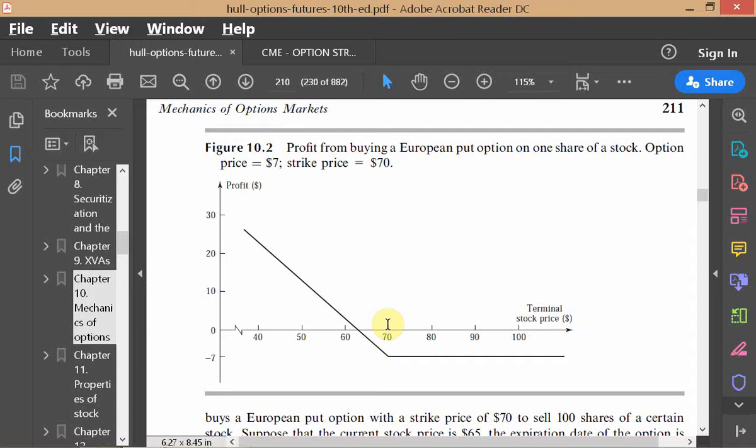So the logic should be like this, that a put gives you the right to sell the underlying asset at the strike price. Here the strike price is 70, but the market price of the underlying asset is 100. So why will I sell something at 70 when I can sell it in the market at 100? So I would rather let whatever premium I've paid earlier just lapse as a sunk cost. Okay, I don't want to generate this extra loss.